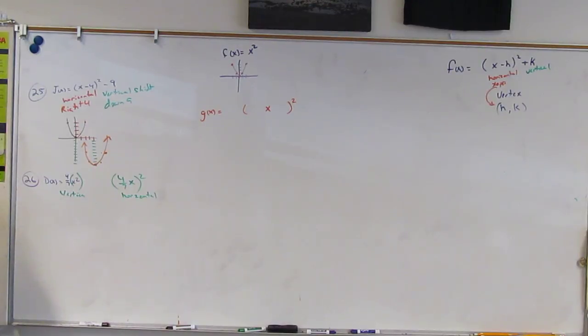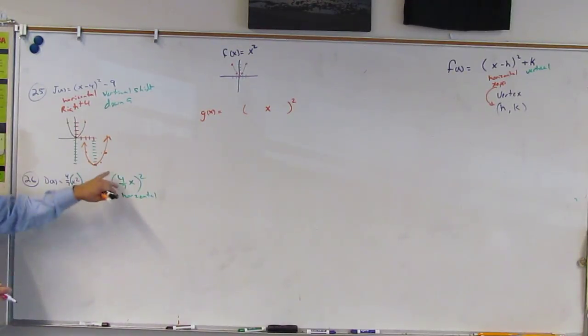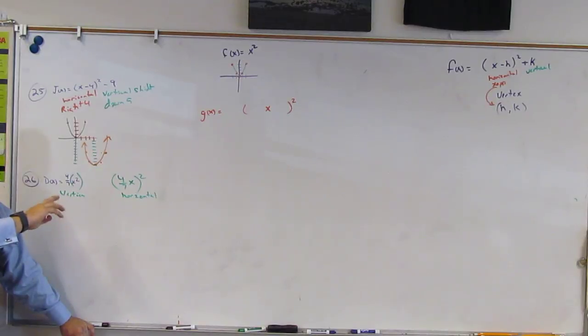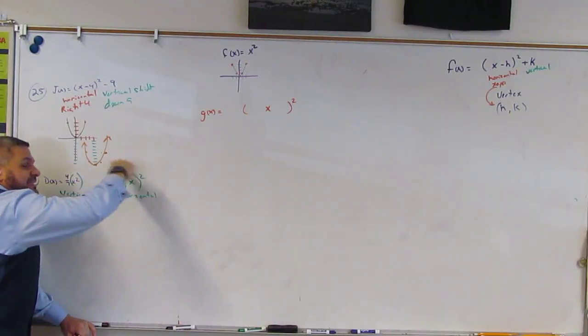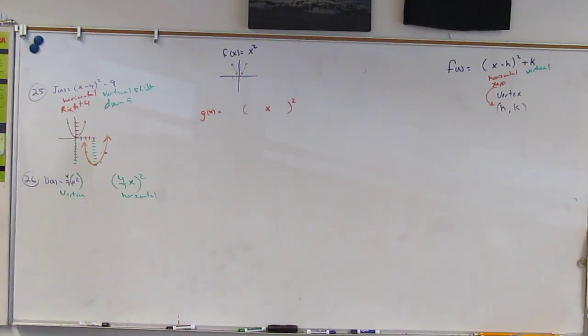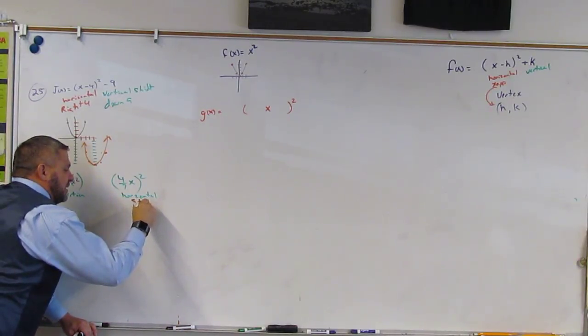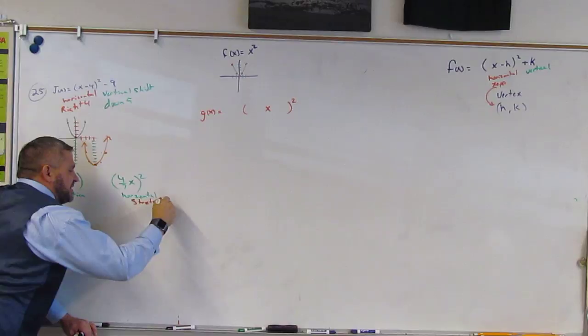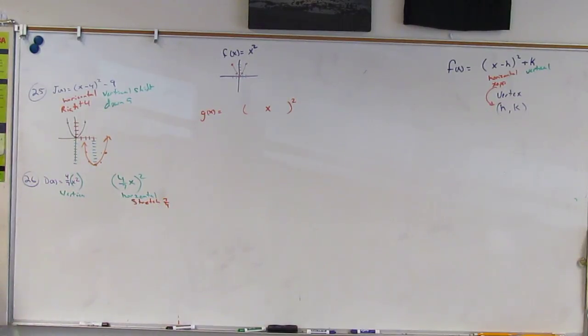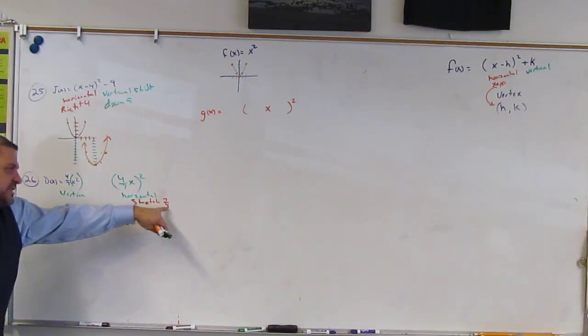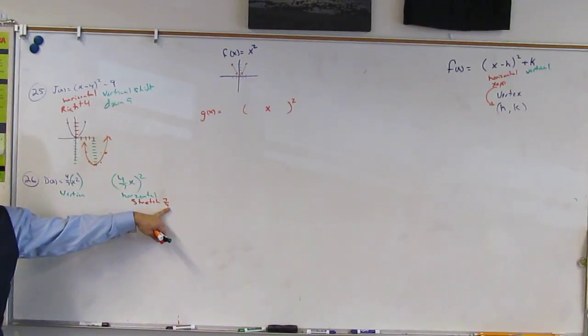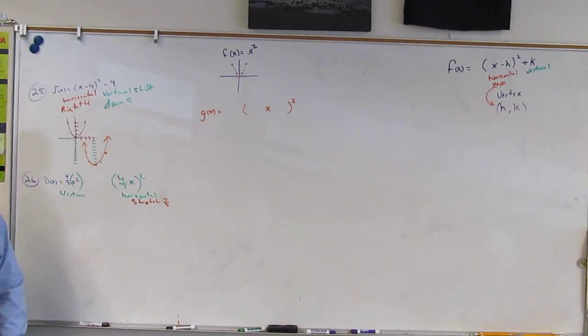And a horizontal would be flipped, right? So to put that inside, I would have had to flip it. So I would have done a stretch of 7/4. You feel me on that? That would have been a horizontal stretch of 7/4, because for me to put it in there, I would have to flip it. You remember that?